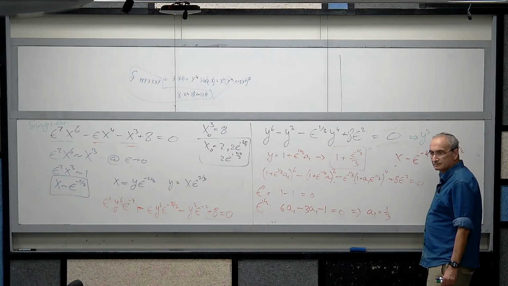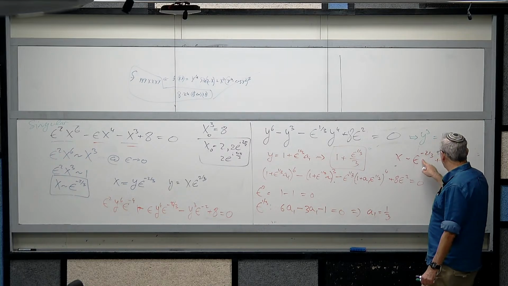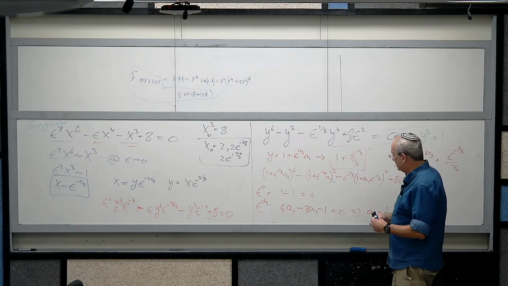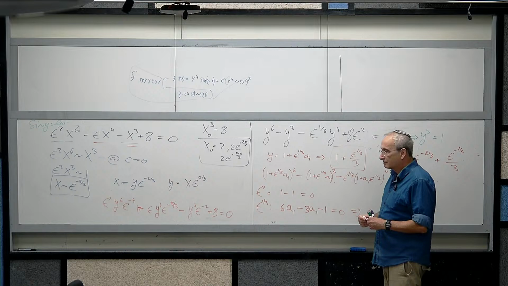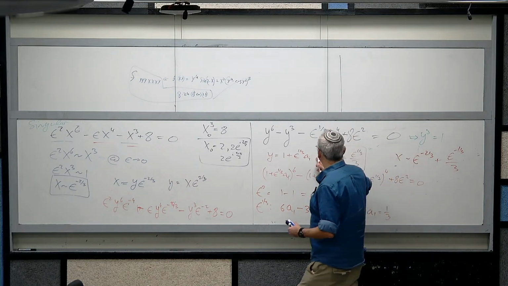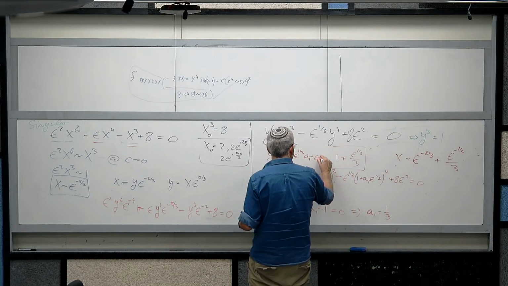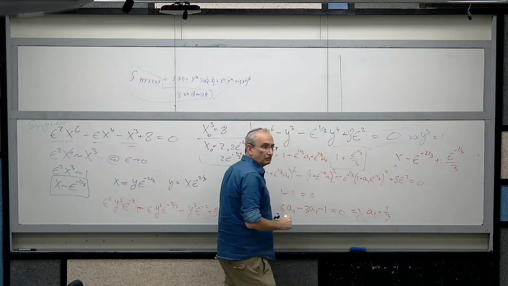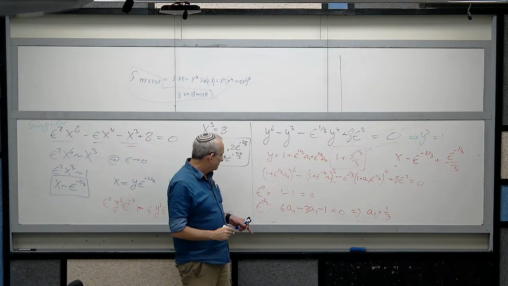Yes. And this one goes faster to infinity than that one. So the next perturbation, you want me to write here plus epsilon to the 2/3 times a2, and to calculate a2. Right?